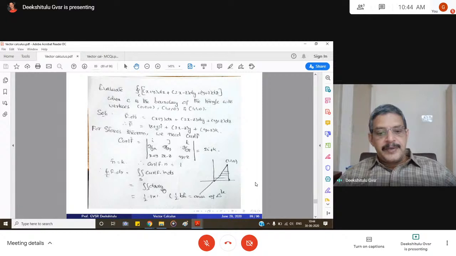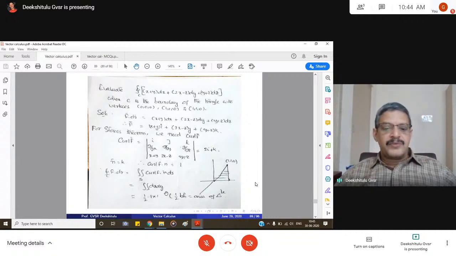We discussed in multiple integrals that it represents the area of the region. Here it is the area of the triangular region, the same as the area of this right angle triangle, half base times height. The base is 1 and the height is 1. So the integral over C of F dot dr becomes 1 by 2.